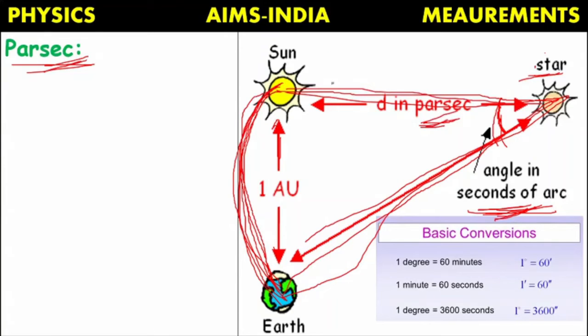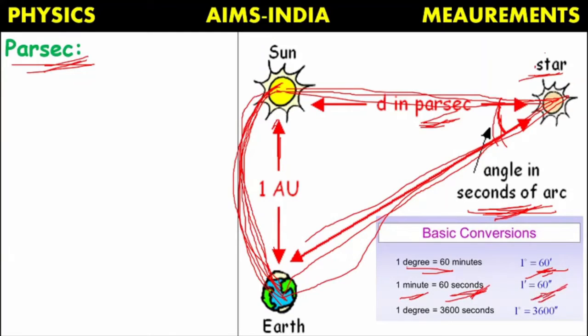Here we should know what an arc second is. We know that if 1 degree is divided into 60 equal parts, 1 degree becomes 60 minutes. Here minute, along with being a unit of time, can also be considered a unit of angle. Again, if 1 minute is divided into 60 equal parts, each part is considered a second, 60 seconds.